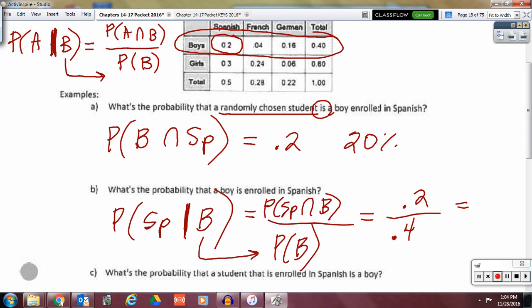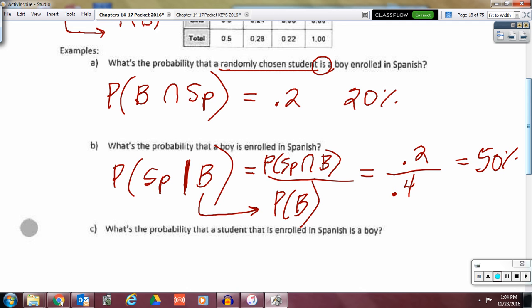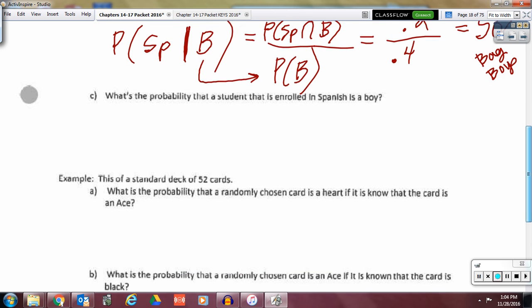So if I had a bag of just boys, then the probability that I would pull out a boy that's in Spanish is 50%. Okay? All right, so the difference is my bag here is all of them. My bag here was what? Boys.